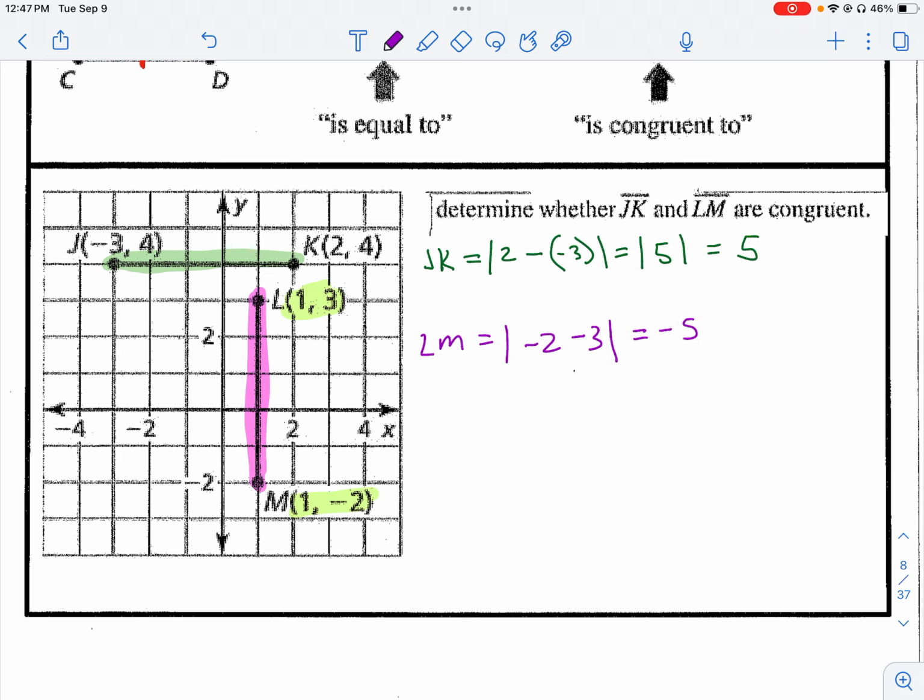That's going to equal the absolute value of -5. And -5, of course, is 5 away from 0 on the number line. So 5 equals 5. So segment JK is indeed congruent to segment LM. Keeping it as simple as we can.